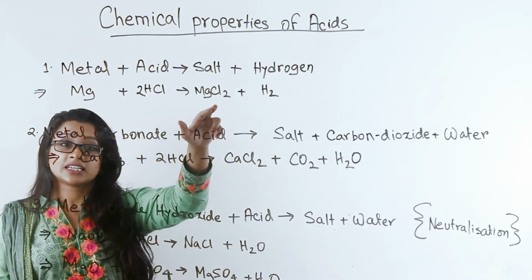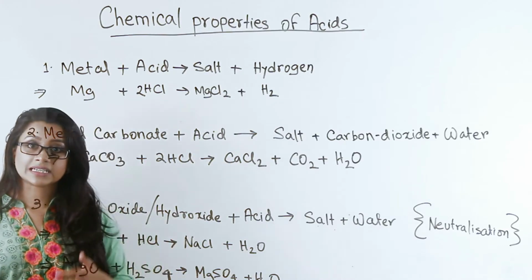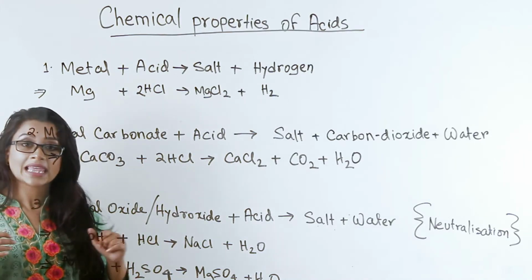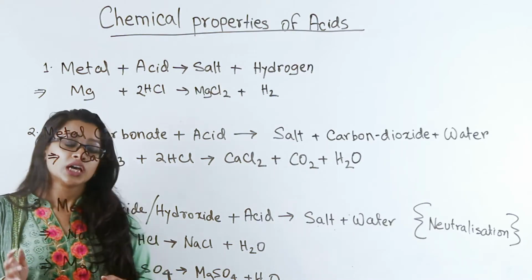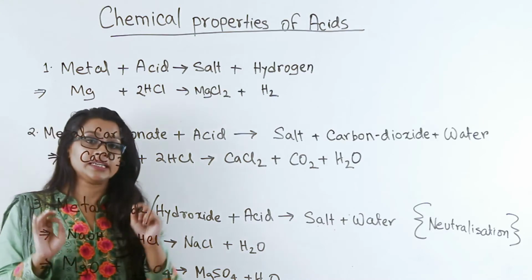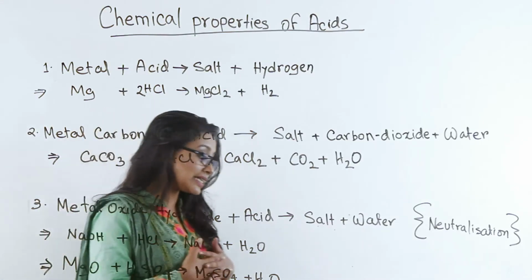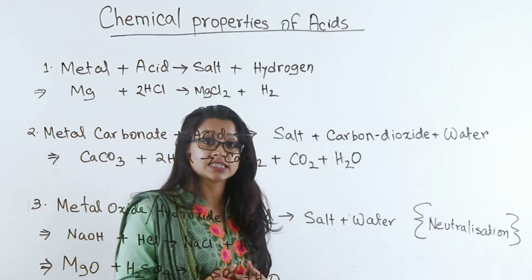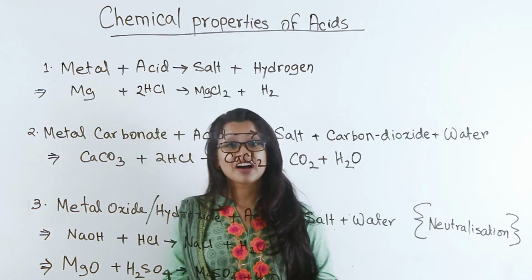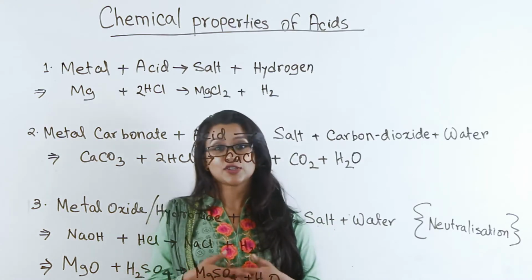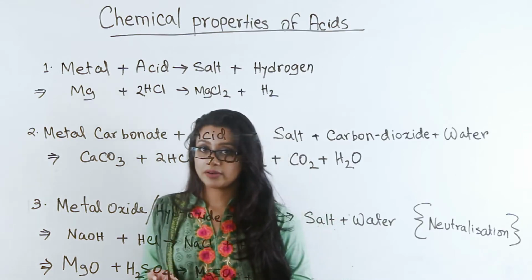So the salt here is magnesium chloride, and as a byproduct a gas is given off, and that gas is hydrogen gas. So the main point about reaction number 1 is that each time you react a metal with a strong acid, what you find is salt and hydrogen gas. So that was chemical property number 1.